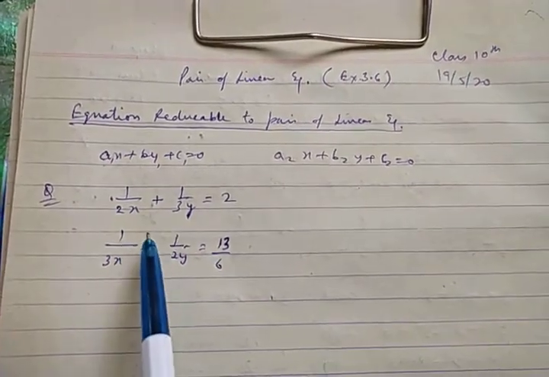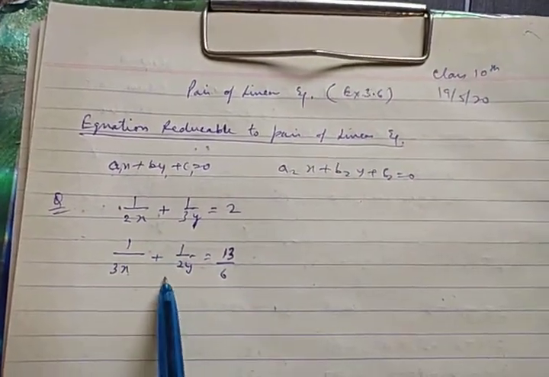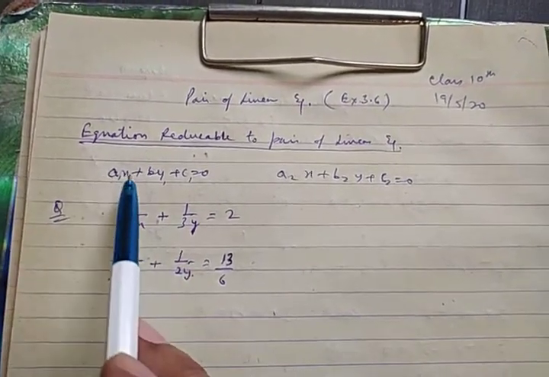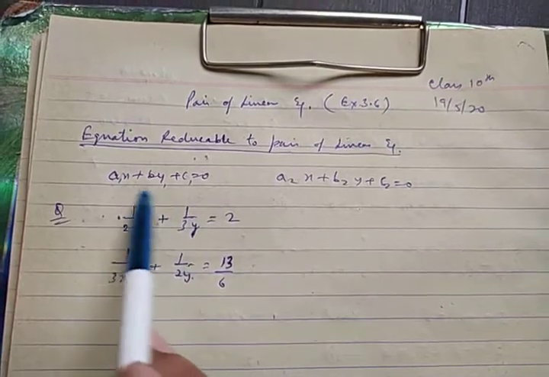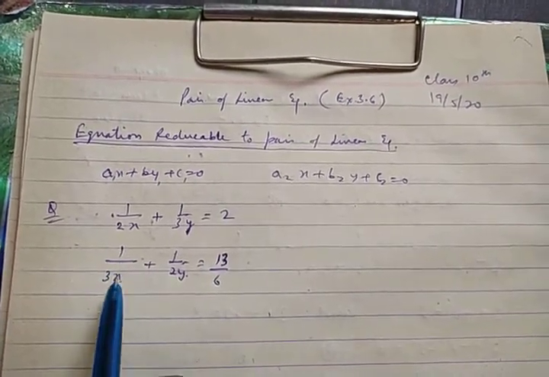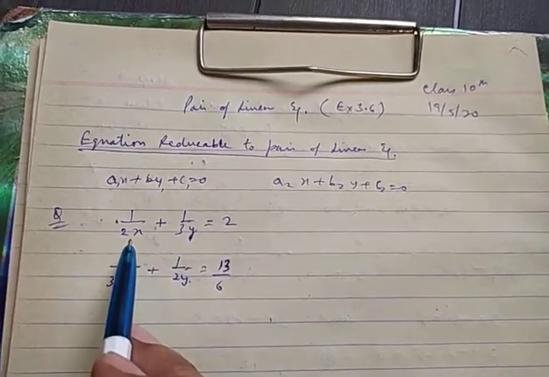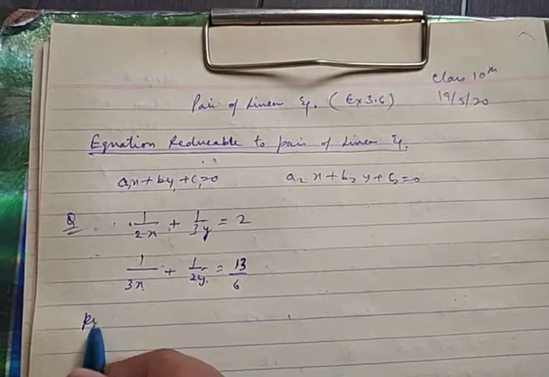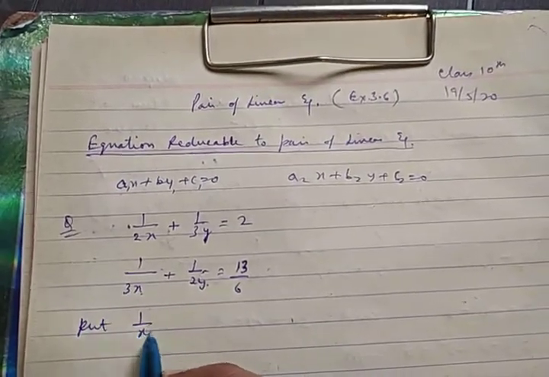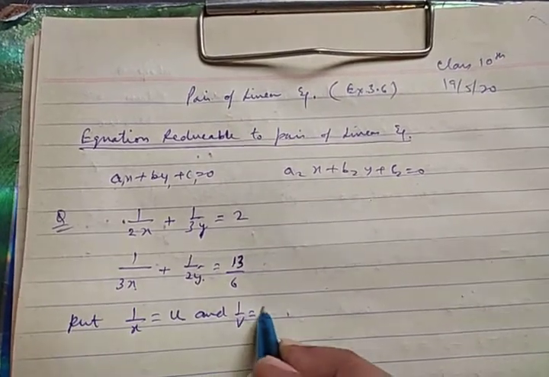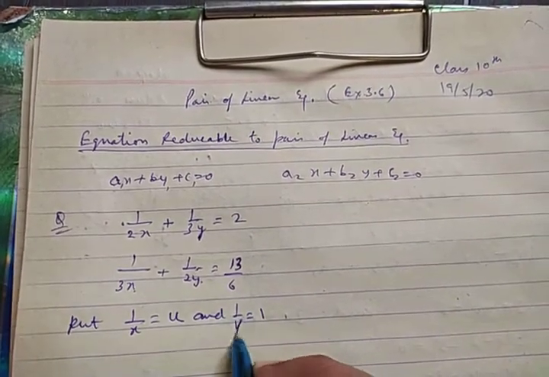In these two equations, variables x and y are in the denominator, but in the standard equation they are in the numerator. So what you have to do is put 1 upon x is equal to u and 1 upon y is equal to v.